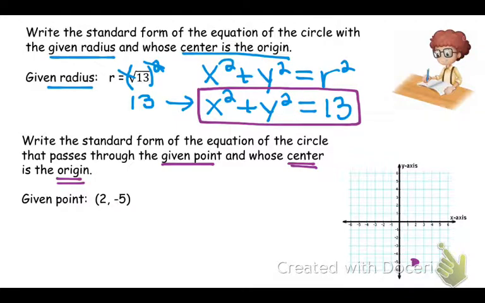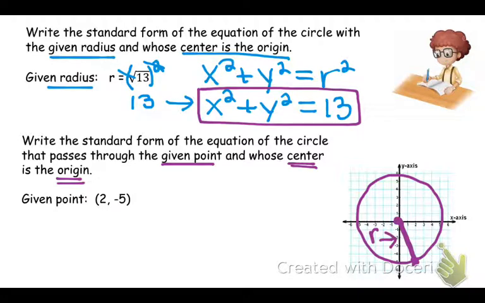And then remember, when we did this before, we went over and down or up 4 different places to draw a circle. So let me just kind of draw a circle. It's not going to be perfect, but let me just say the circle looks kind of like that. And our center was the origin.